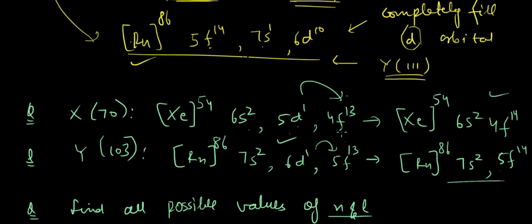So 5d1 and 4f13. Again, as the F subshell is only lacking 1 electron for complete filling, it will take the electron from the higher energy orbital, which is 5d1. So it will be converting into 4f14 and 6s2.